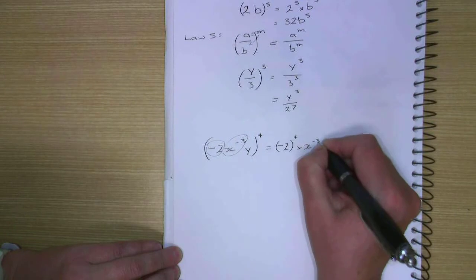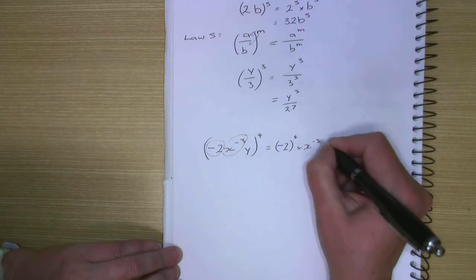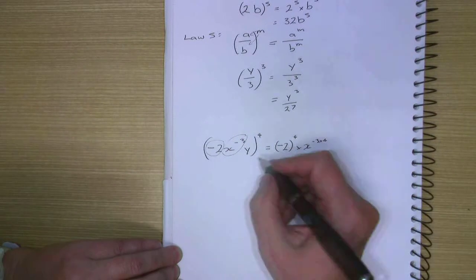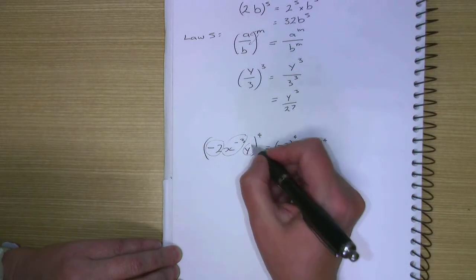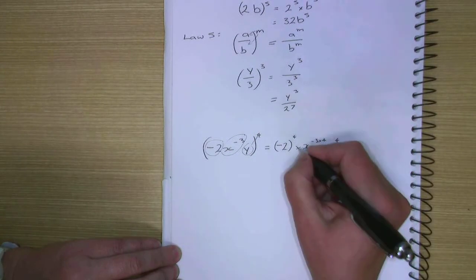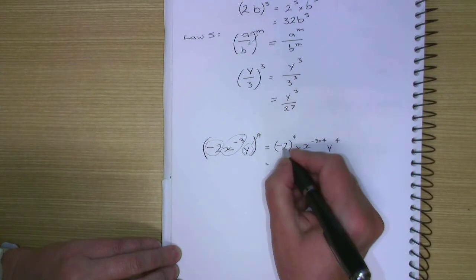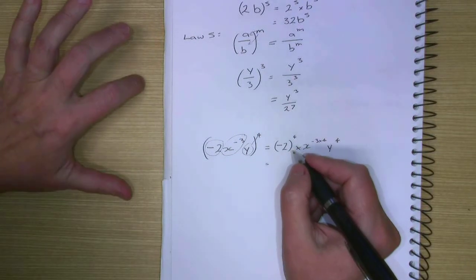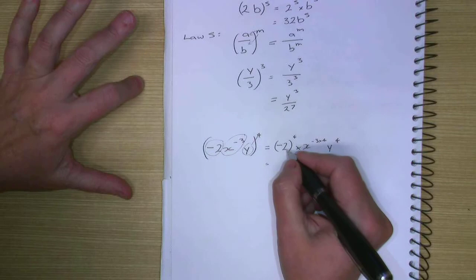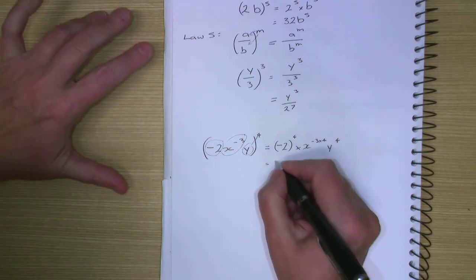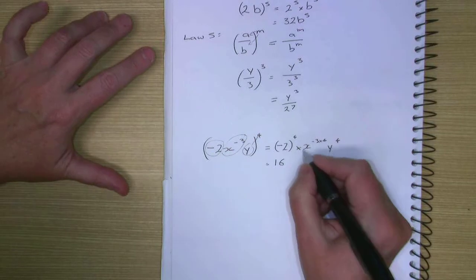So we look at the sign and the numeral at the front, so it's minus 2 to the power of 4, times the next part, so that's x to the minus 3, and then that's to the power of 4, so we multiply that by 4 using index law 3, and then we have the third part, which is y, and we put that to the power of 4.